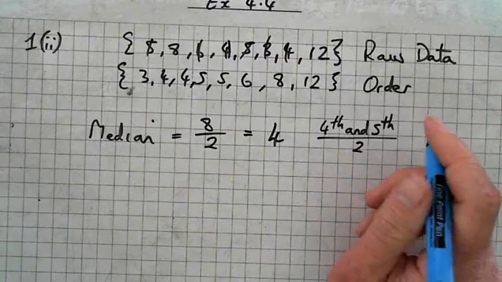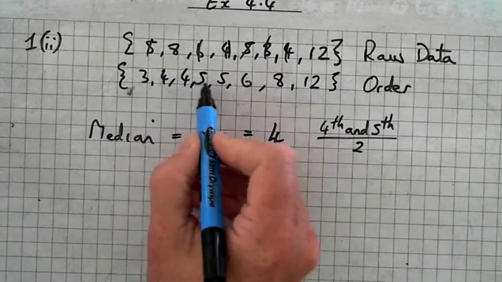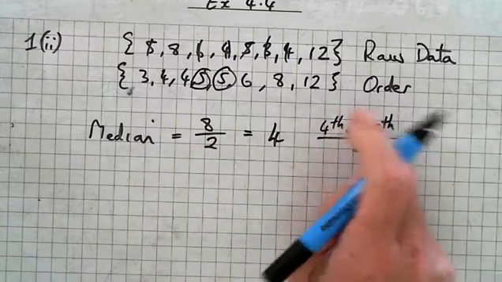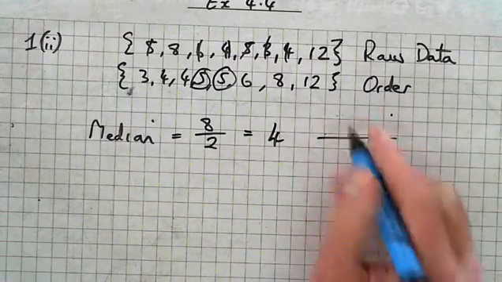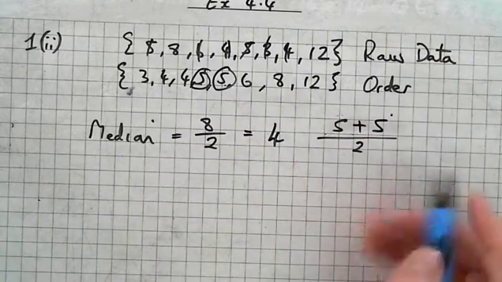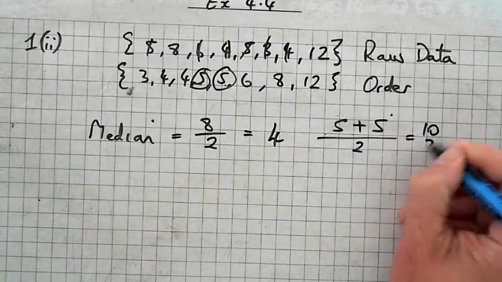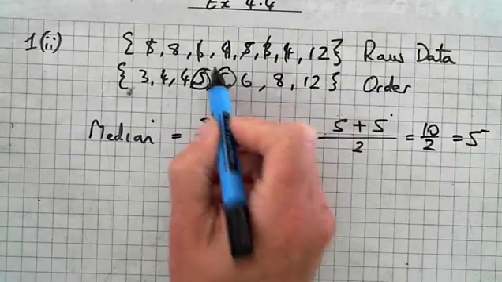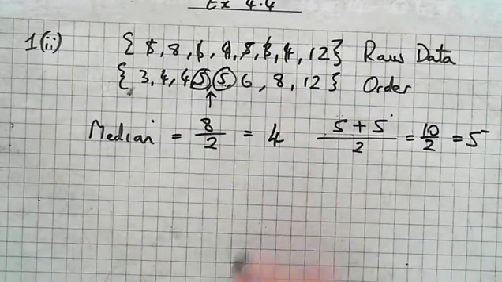The 4th number is 5 and the 5th number is 5. 5 plus 5 divided by 2, 10 over 2. So the median is 5, halfway between these two numbers.